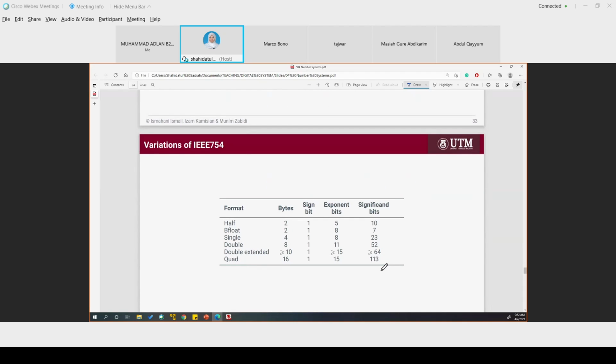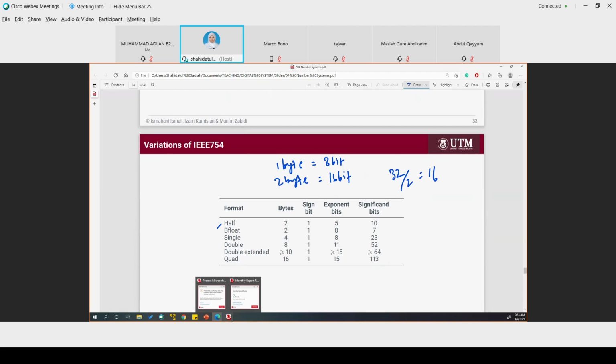There's also a variation of the IEEE format, which is half precision. Half precision is 2 bytes. 1 byte is 8 bits, so 2 bytes is 16 bits, which is half of 32. That's why we call it half precision.